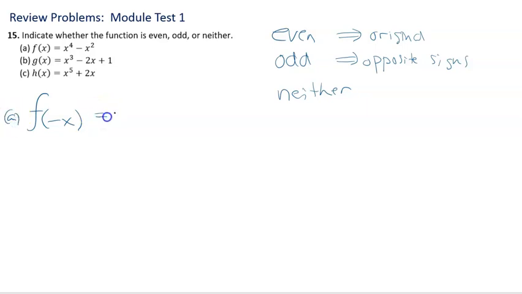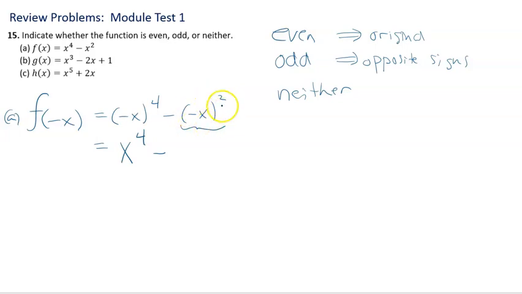So that's going to be negative x to the 4th minus negative x squared. And then you simplify. So negative x to the 4th power. When you raise a negative to the 4th power, think about it. Negative times negative times negative times negative. That turns positive. So that's equivalent to saying positive x to the 4th. Minus, and then you have to do this part. What is this? Now these two negatives don't cancel.